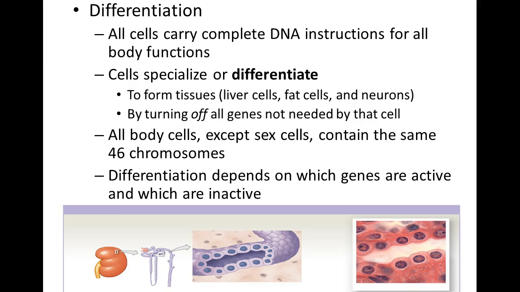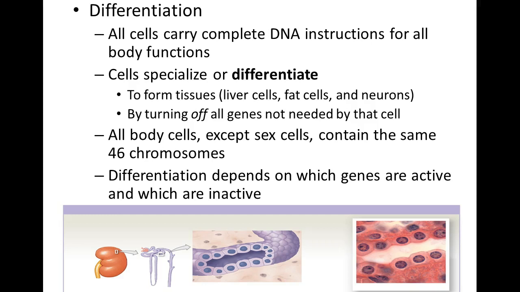But all of the cells, whether you're a heart cell, a mucous cell, a gastrointestinal cell, have the same DNA. That differentiation happens because certain parts of that DNA are active in that cell as opposed to another. After they differentiate, then they can congregate together to form tissue, whether that is liver tissue, fat tissue, neurons.